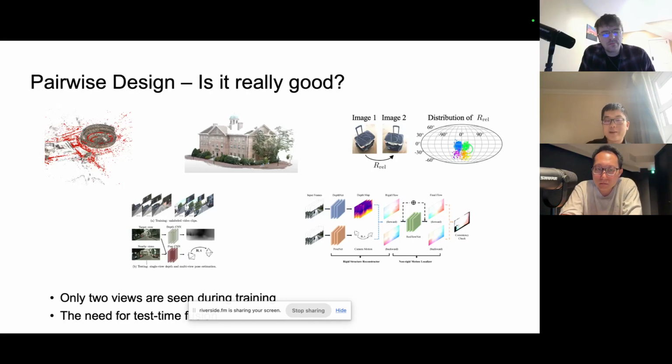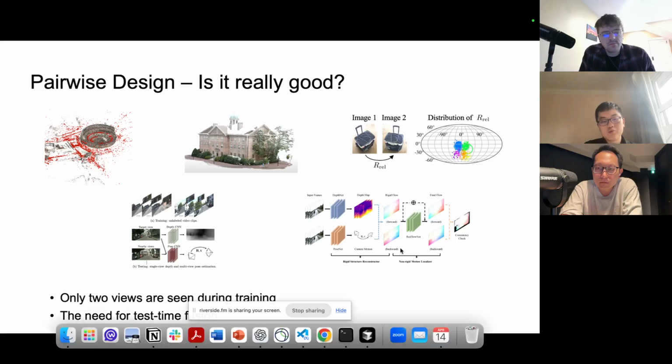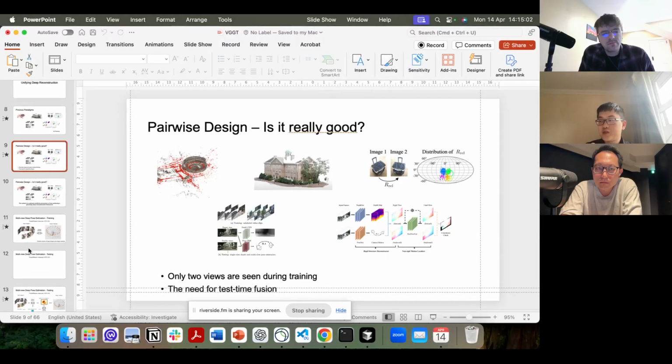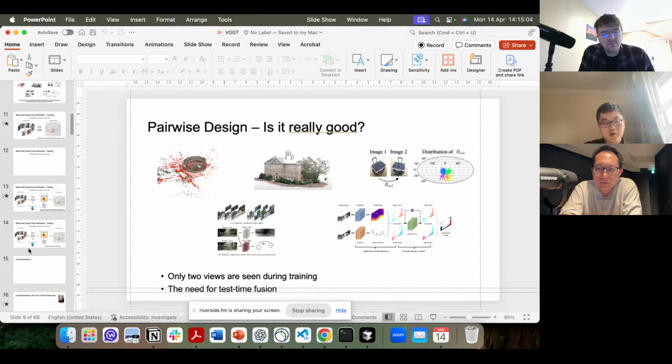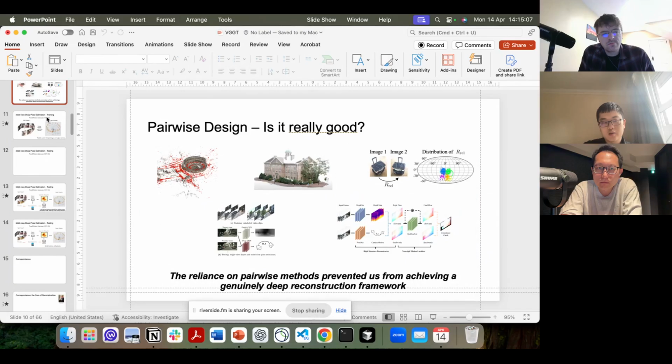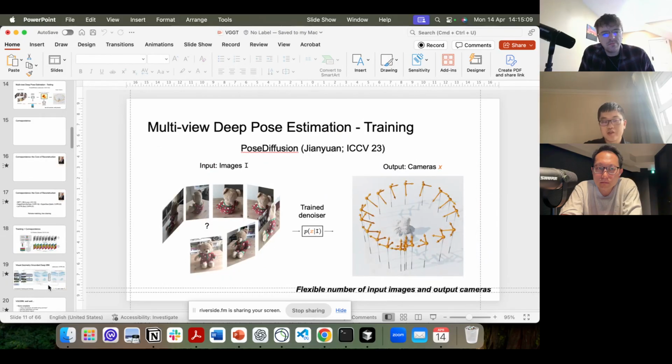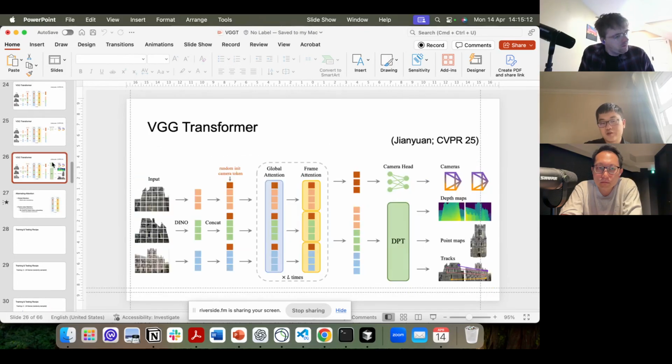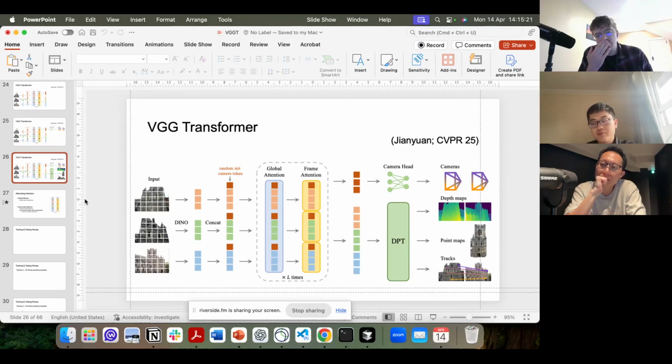That's the main motivation for my whole series of work, from PoseDiffusion to VGGSfM, and then to the recent VGG Transformer. Basically, here's the whole idea. What's the difference between the VGG Transformer and our previous work?